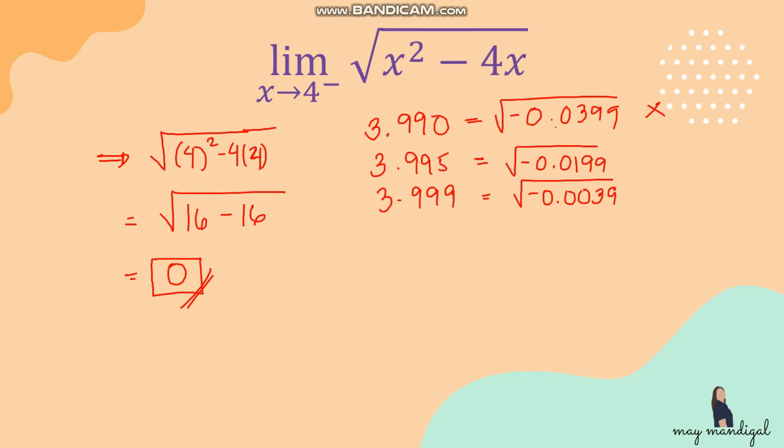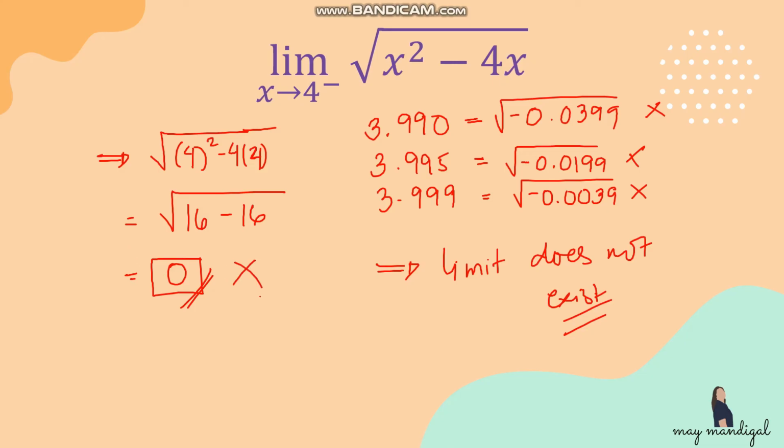So, since the radicand is negative and we have to get the square root of that, we cannot get a value for this. So this means, since we cannot get any value if we substitute the values from the left to 4, the limit does not exist. Okay, so it's not true that the limit is equal to 0.